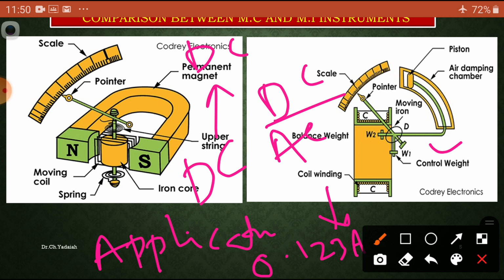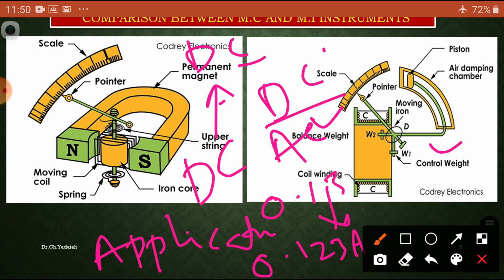Instead of my daughter, if I use my son, the MI, to measure the same load current in case of DC, then he will give a value of 0.13 directly. So it is nearly accurate, whereas the moving coil will give the more accurate value, and the MI instrument will give the nearby accurate value.